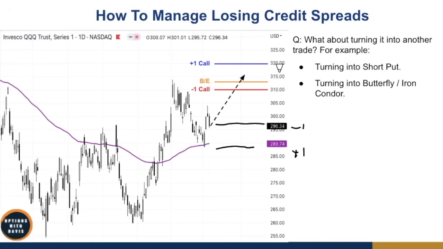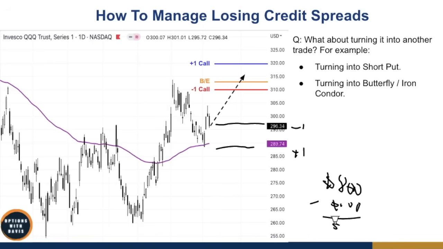If previously you put on this call spread down here and the maximum loss was $800, now by putting on this spread, let's say you receive $1 in credit, which is $100. So you will subtract $100 from your maximum loss.